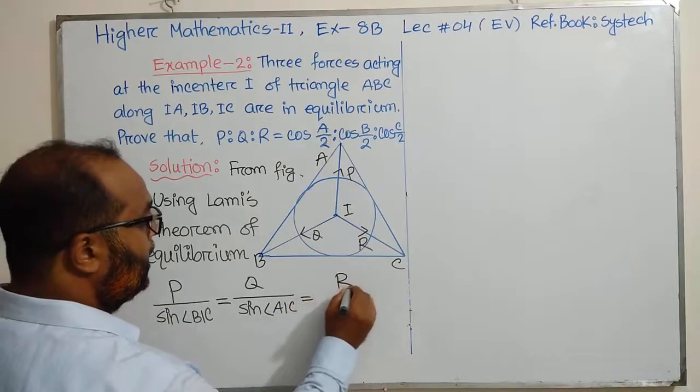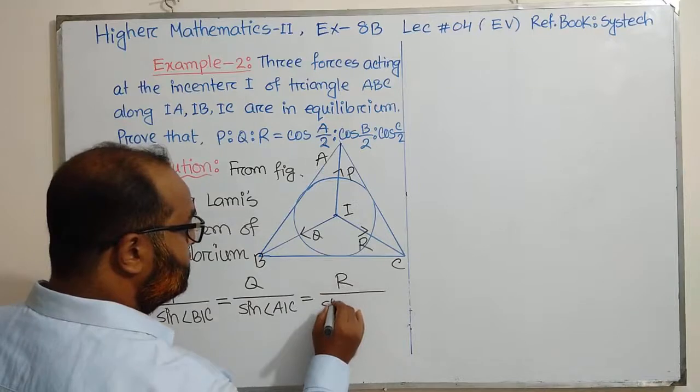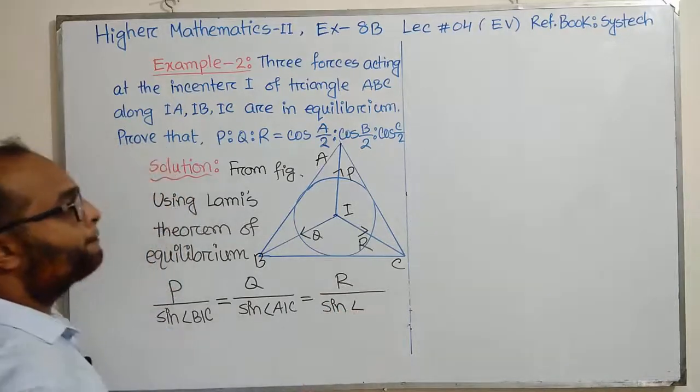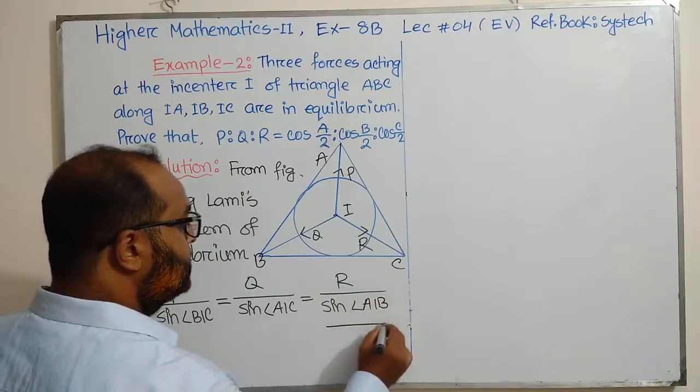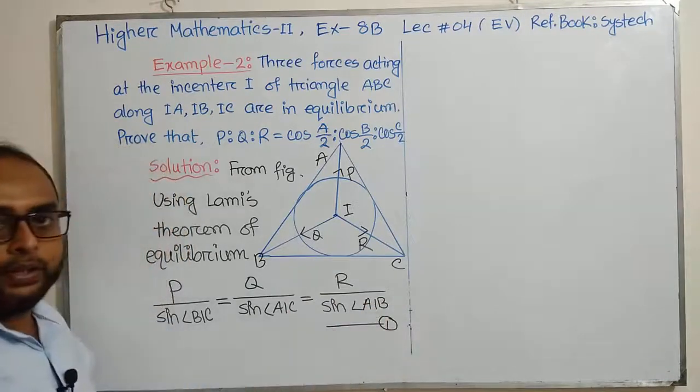This equals R divided by the sine of angle AIB. This is equation number 1.